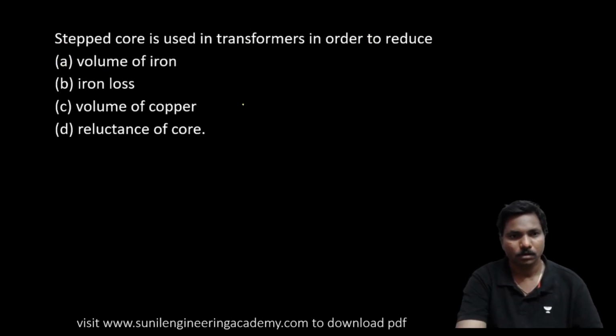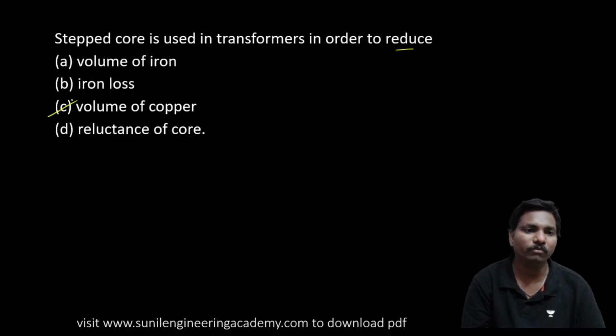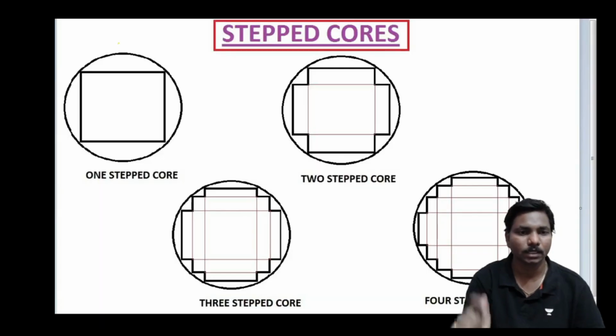Stepped core is used in a transformer in order to reduce what? Whenever we use the stepped core, the advantage is that it can reduce the volume of the copper. We know copper is high cost. So if you want to reduce the copper, then we have to use the stepped type of core. Here it is a one-step core; here it is a 2-step, 3-step and 4-step.